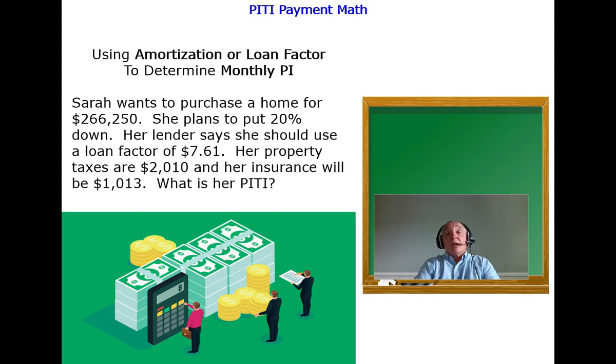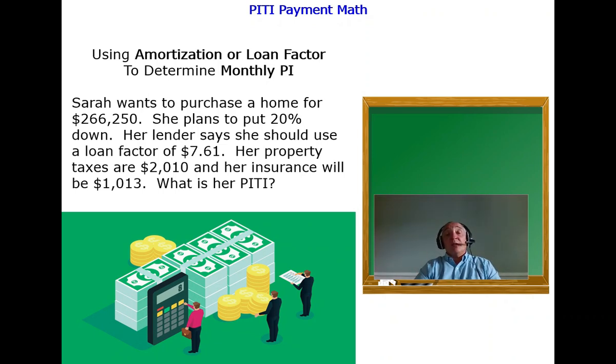All right, so Sarah wants to purchase a home for $266,250. She plans to put 20% down again, so we're going to have to multiply $266,250 times 0.80 to figure out exactly what the loan amount is going to be. Her lender says that she should use the loan factor of 7.61. Her property taxes are $2,010. Divide that by 12. And her insurance is $1,013. Divide that by 12.